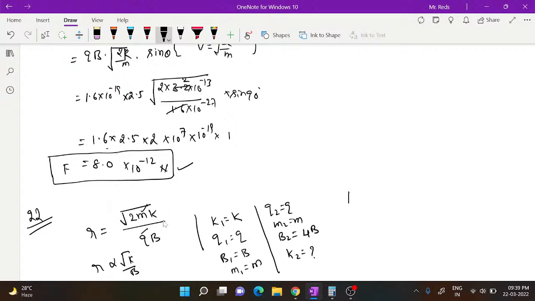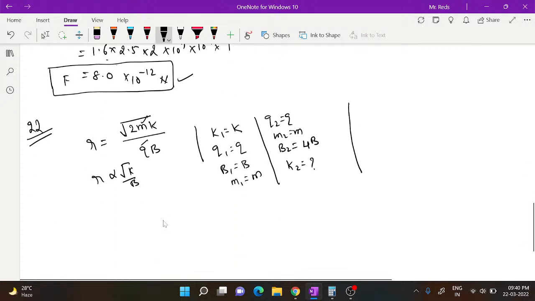So from this, can we say, of course it is mentioned that if any of these changes, it will also change. But if B2 becomes 4B, what will be the kinetic energy, provided the magnetic field is made four times, the kinetic energy of rotation of proton?